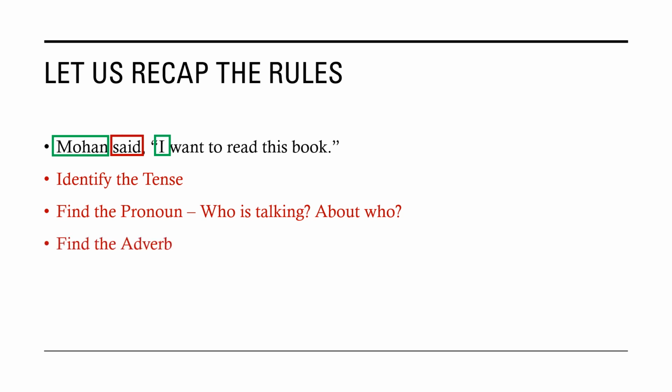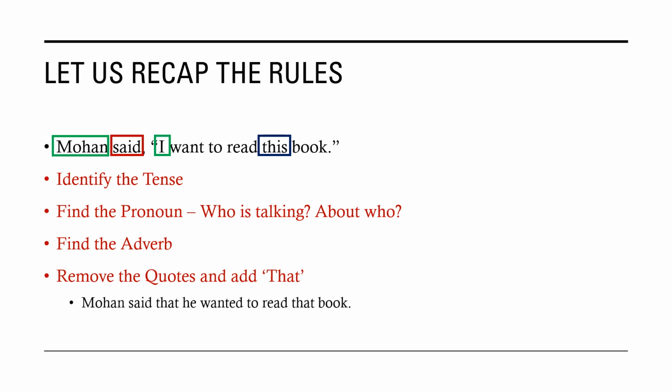Then find the adverb. The adverb here is this. Finally, we will remove the quotes and add that. So the sentence in indirect speech becomes: Mohan said that he wanted to read that book.